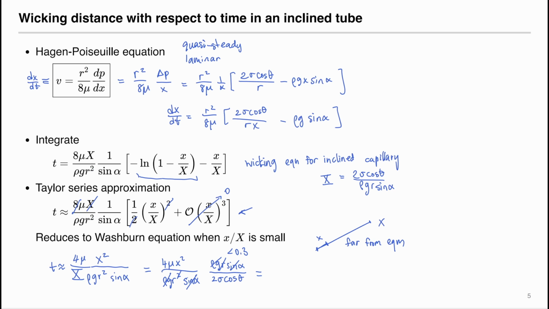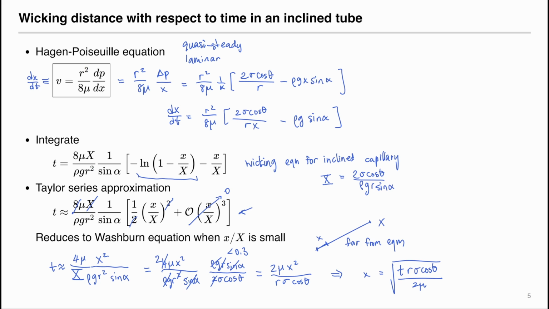So we have 2 mu x squared over r sigma cosine theta. And if we solve for x, everything goes to the left, so x squared equals r sigma cosine theta divided by 2 mu. Take the square root of both sides, this becomes x.